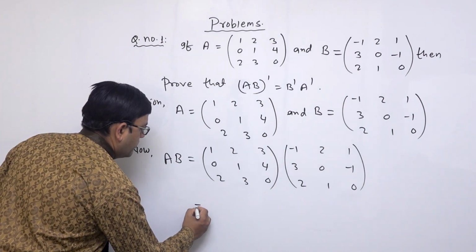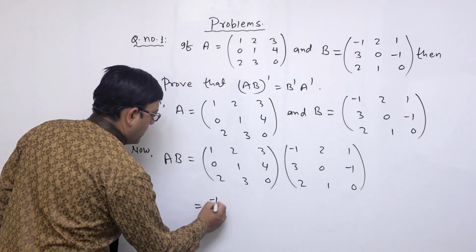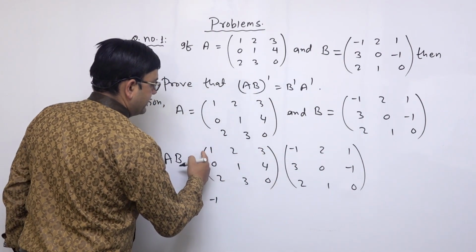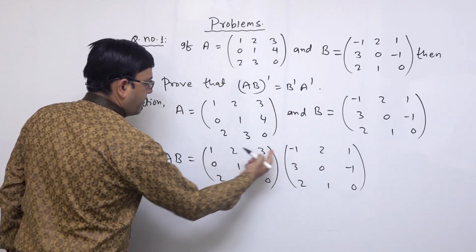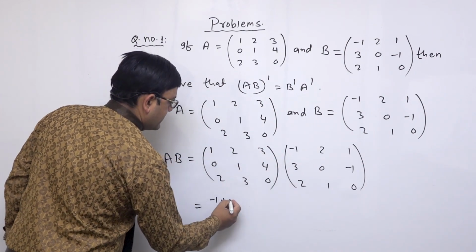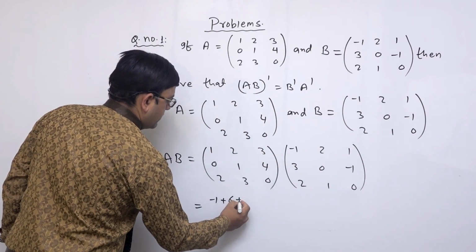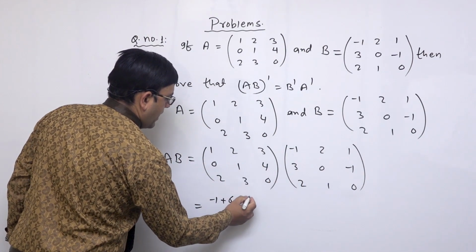We have to multiply this row to this column. So 1 times -1 is -1, plus 2 times 3 is 6, plus 3 times 2 is again 6.